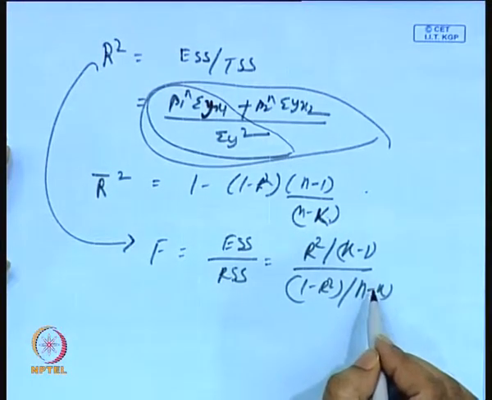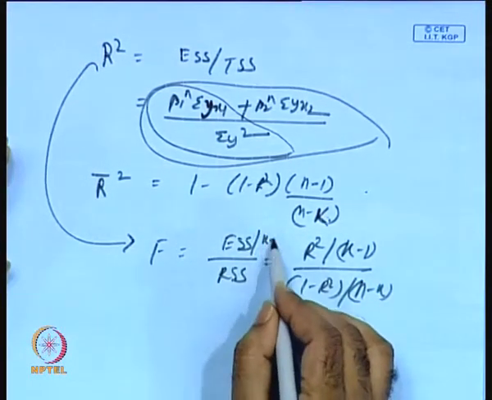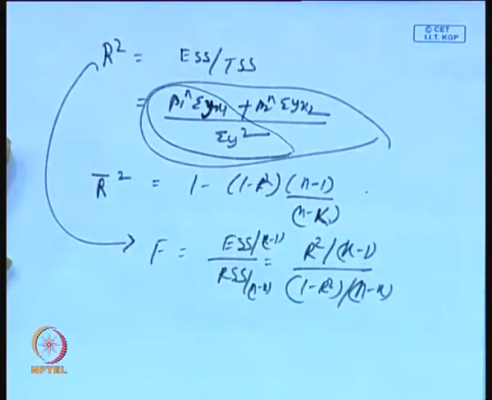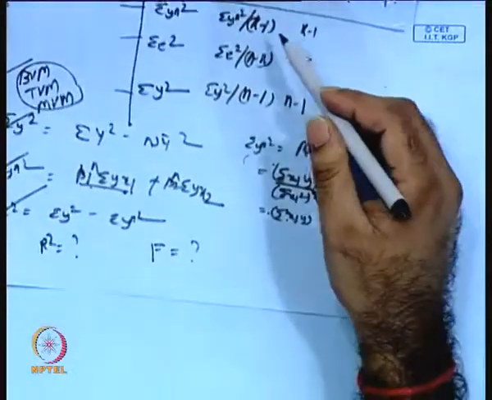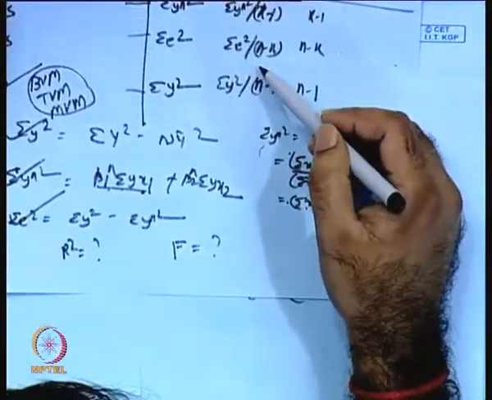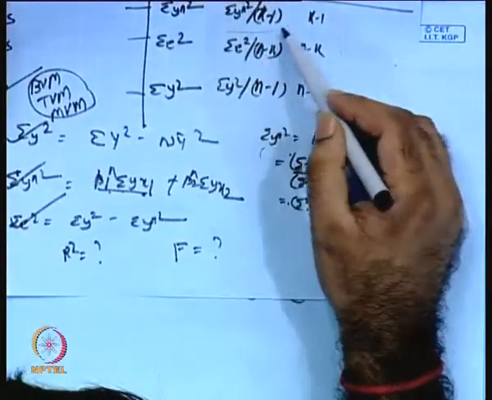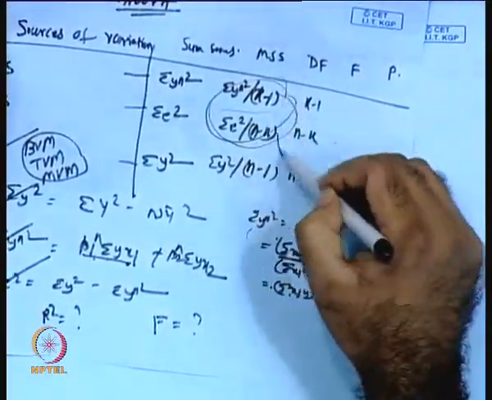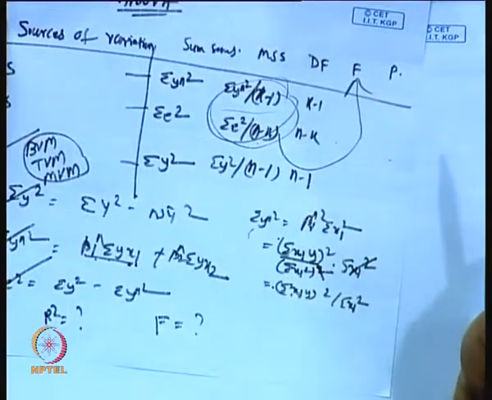This is k minus 1, this is n minus k. We have just borrowed this from the setup here. This is ESS and this is RSS. The ratio between these two will give you the F statistic.